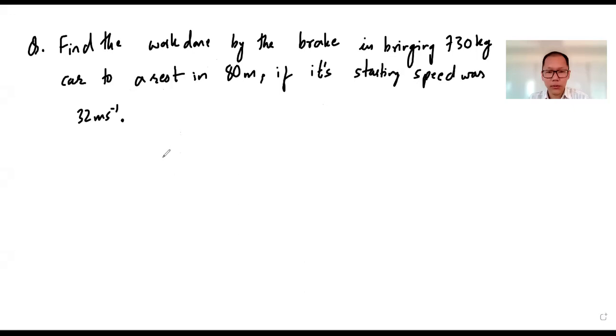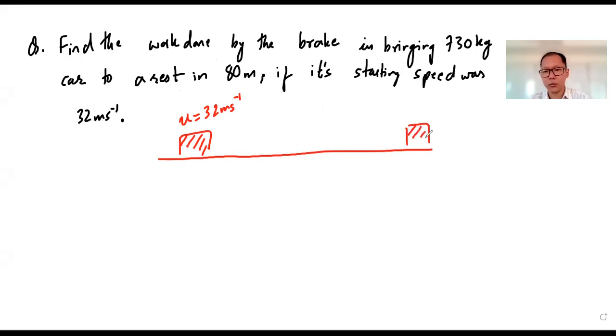Let's say this is the ground and this is the car. It has an initial velocity of 32 meters per second, and because we want to bring the car to rest, the final velocity will be 0. So it has to go from 32 to 0 meters per second.